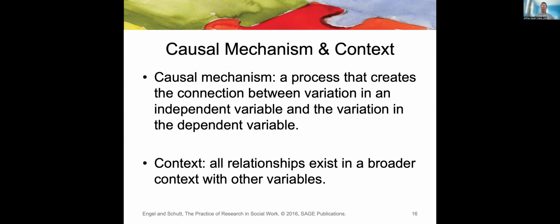For instance, in Bolivia, one of the contexts that was really important was that none of the people who were taking out these microloans were part of a group.